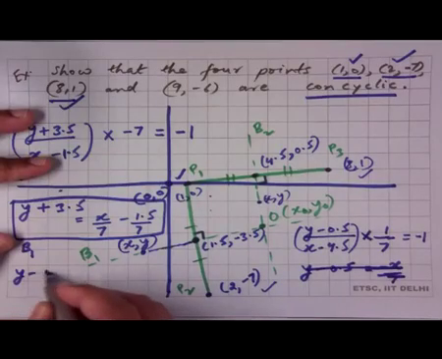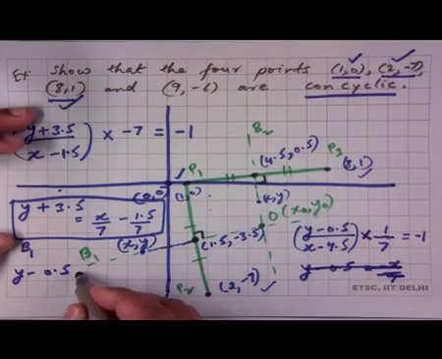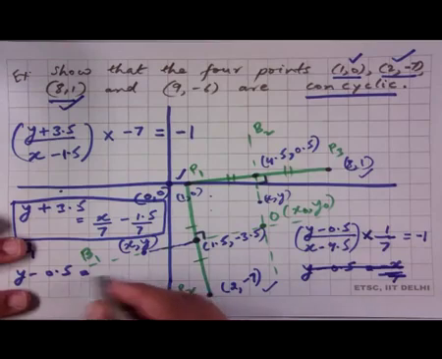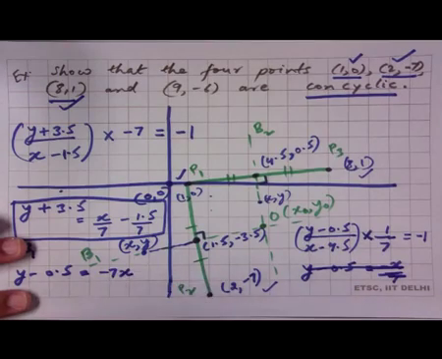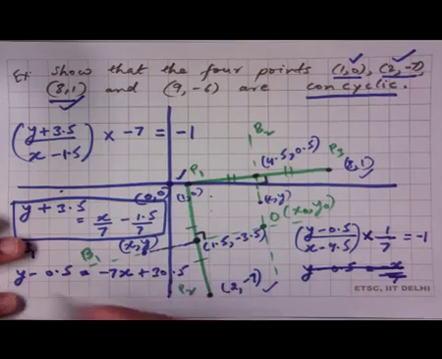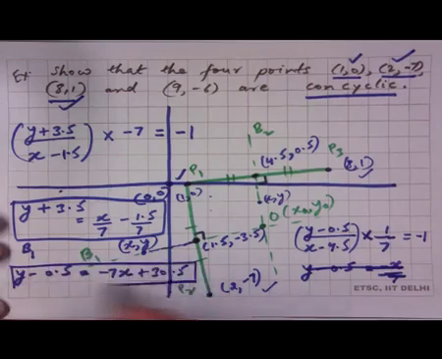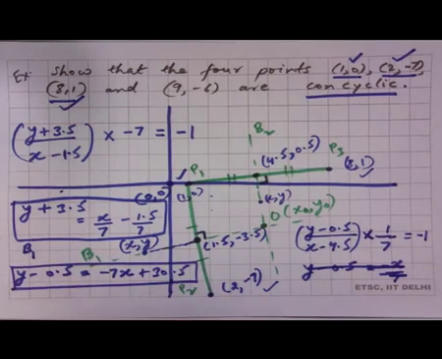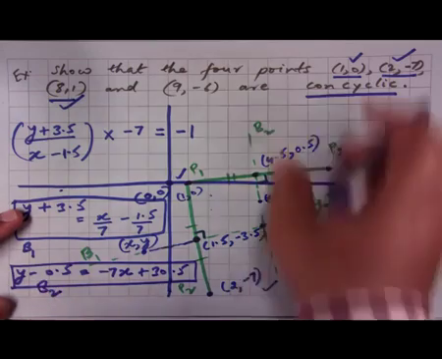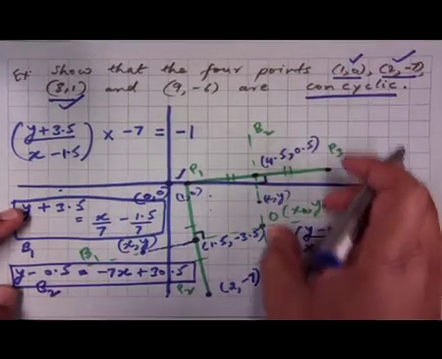We have y minus 0.5 equals minus 7x plus 30.5. So, this is the equation of the bisector B2, which is this dotted green line.